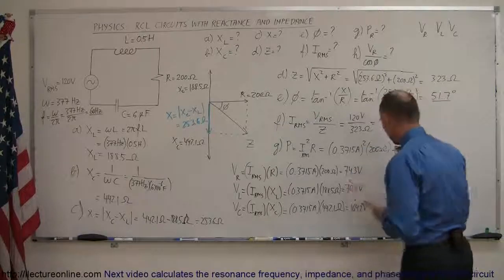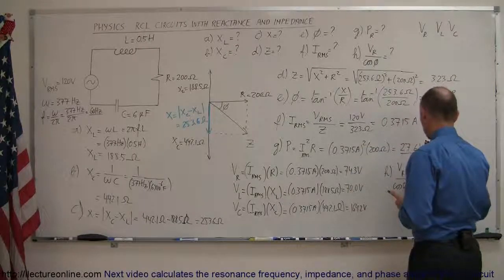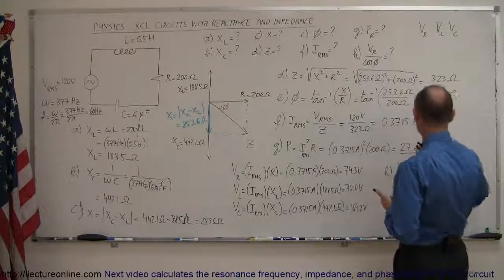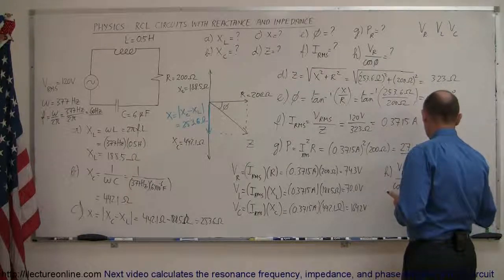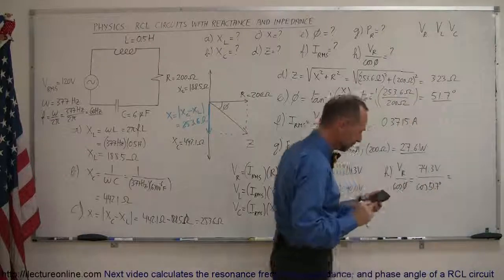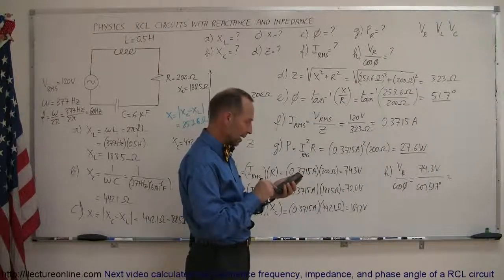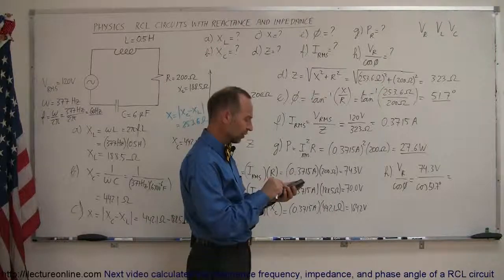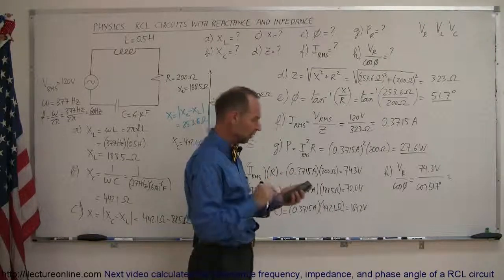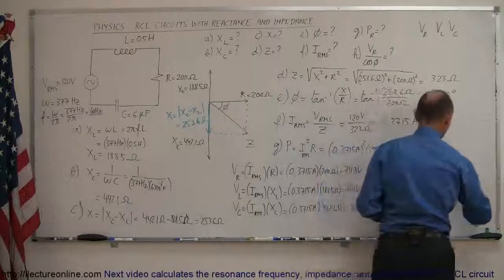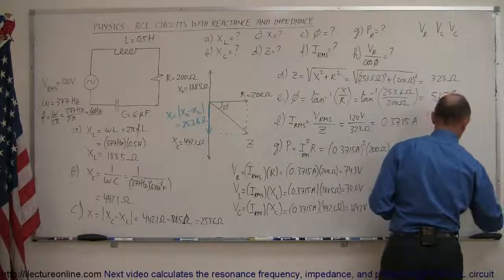So the voltage across the resistor is 74.3 volts, and we divide that by the cosine of the angle of 51.7 degrees. And let's see what we get there. All right, so 74.3 divided by the cosine of 51.7, and that equals, and guess what? 120 volts.